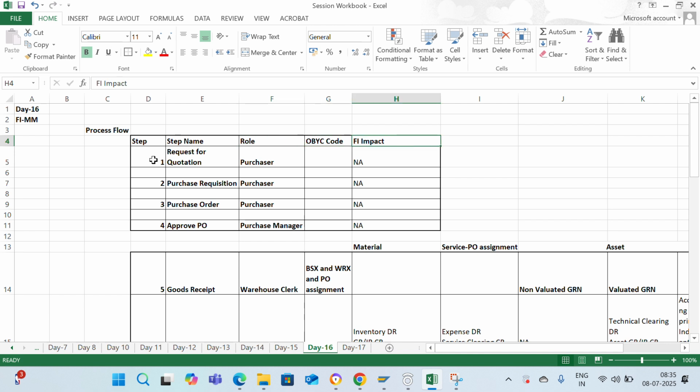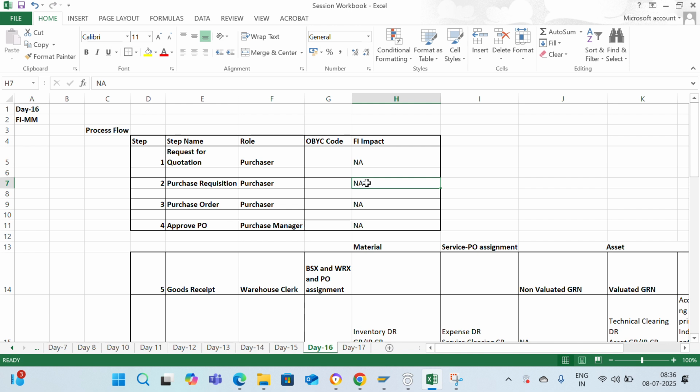Next, we'll try to understand the FI impact, means the financial impact of those steps. Step number 1, which is request for quotation. There is no financial impact, reason being journal entries are not posted during the requesting for quotation. Next is creation of the purchase requisition.